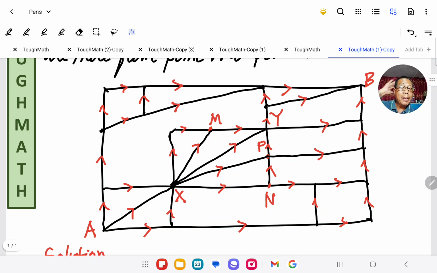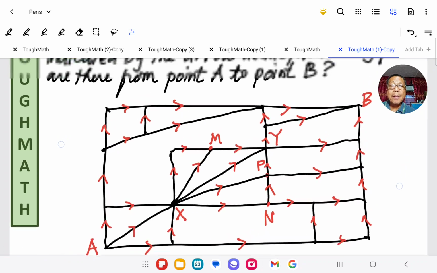Okay, I think we already have a complete number of arrowheads that indicate the direction of the path from A to B.